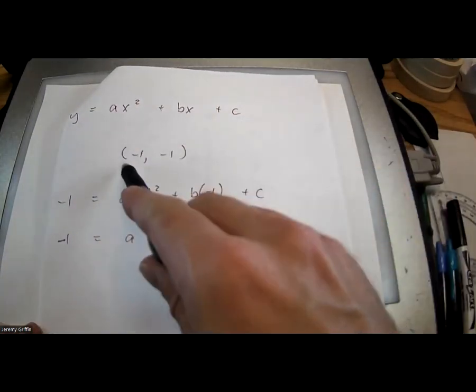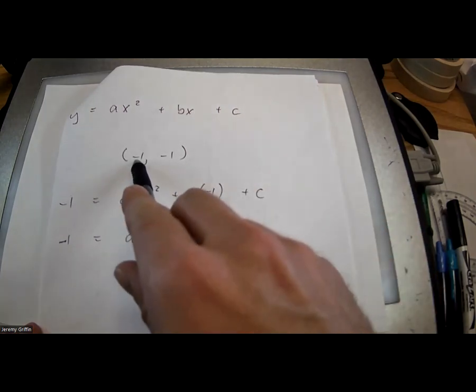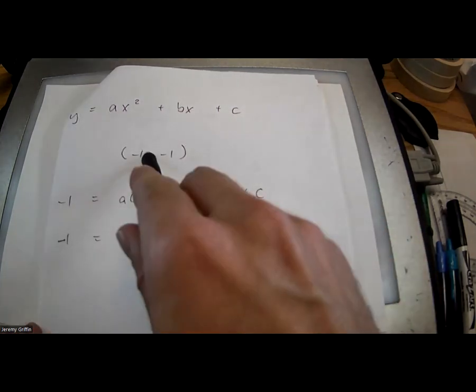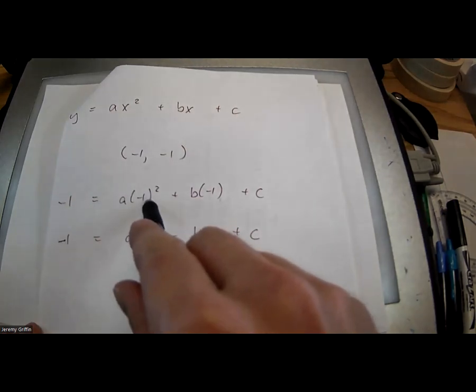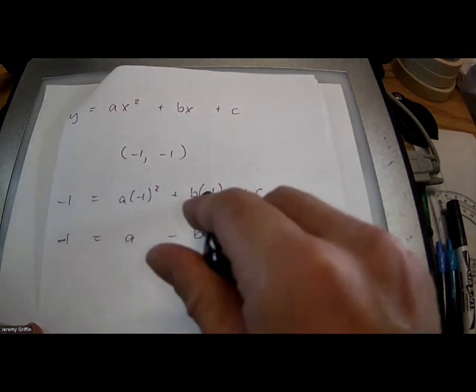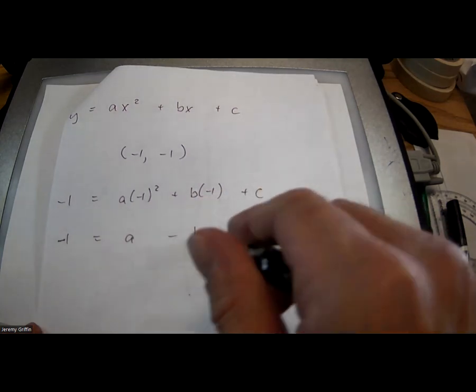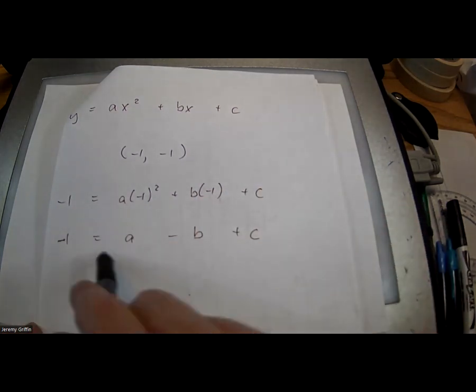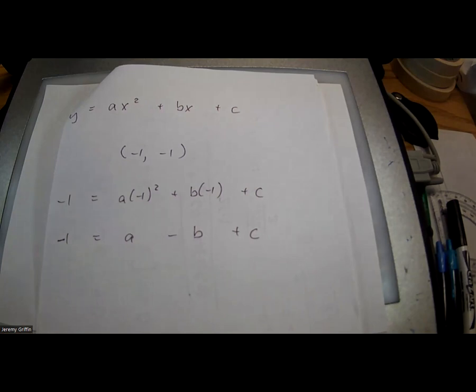All right, so they gave you this coordinate. Plug in this negative 1 for y, this negative 1 for x. Now, this one gets squared, which makes it positive anyway, right? This becomes negative b, positive c, is equal to, that's the answer right there. Okay, you guys got that?